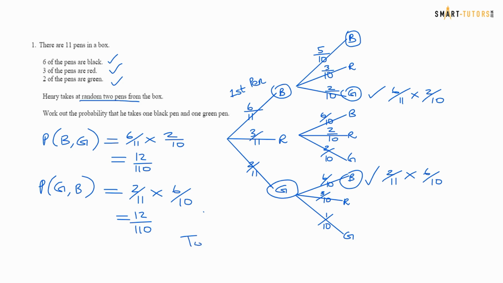So for the total, you need to add them up. 12 upon 110 plus 12 upon 110 is 24 upon 110, which is 12 upon 55, and that is the final answer for question number 1.